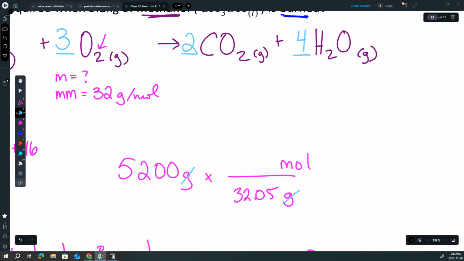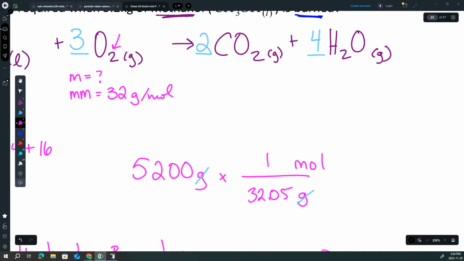So grams cancels out, and if it really bugs you not to have a number with moles, remember that molar mass is grams per 1 mole of substance. So if you want to, you can put the 1 there. But ultimately what we're doing is taking 5,200, timesing it by 1 and then dividing it by 32.05.